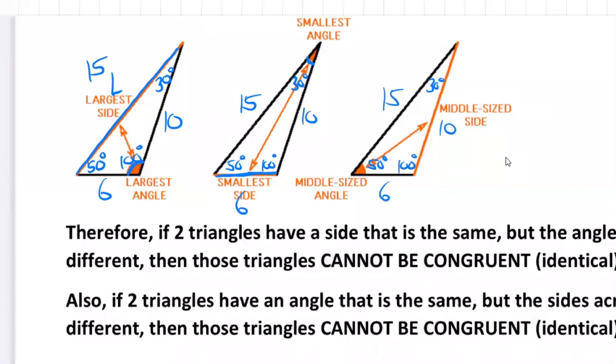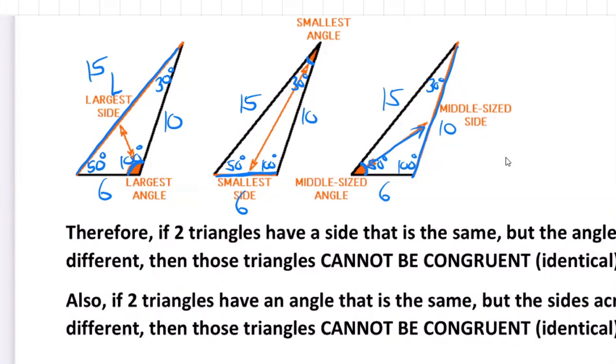Okay, and then here we have the medium angle, and notice across from him, the medium side. So do you see that angles and sides are connected? Small with small, medium with medium, large with large.